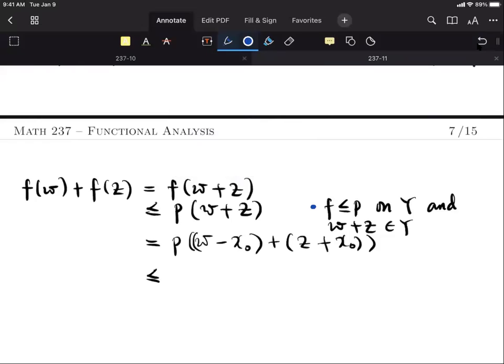Next, we apply the sublinearity of P. So P of the sum is less or equal to the sum of the P values.